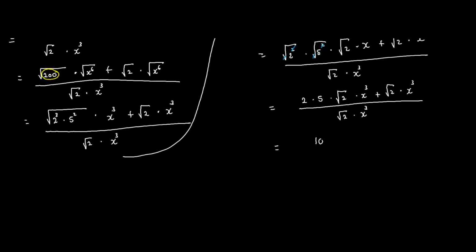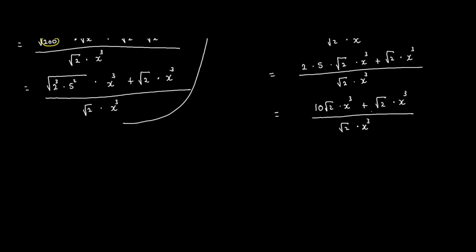And that's equal to 10 square root of 2 times x raised to the power 3 plus the square root of 2 times x raised to the power 3 over the square root of 2 times x raised to the power 3.